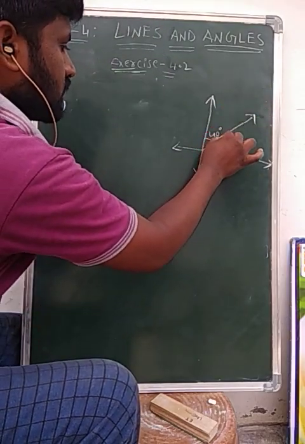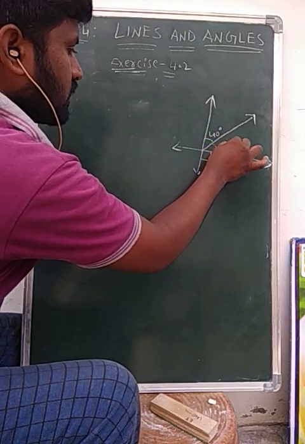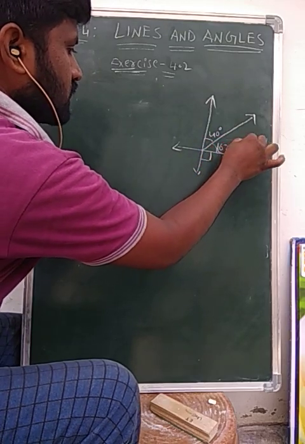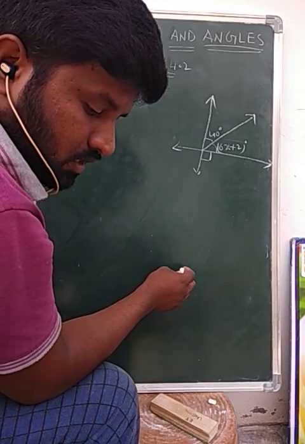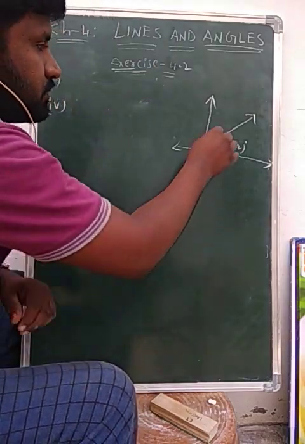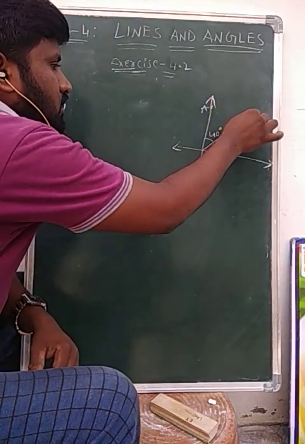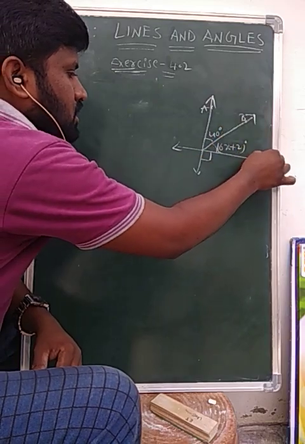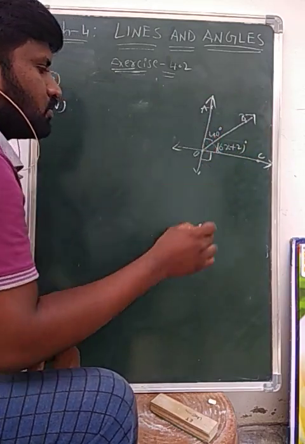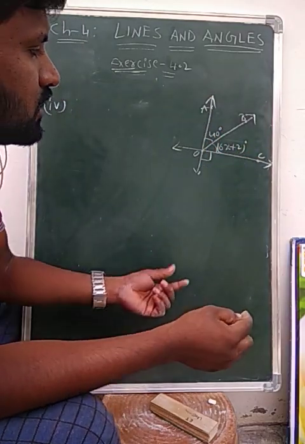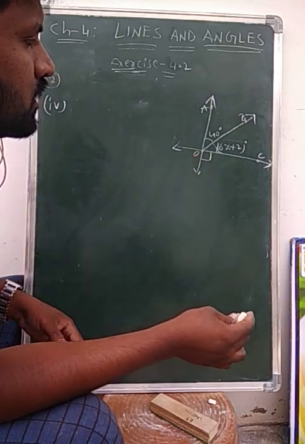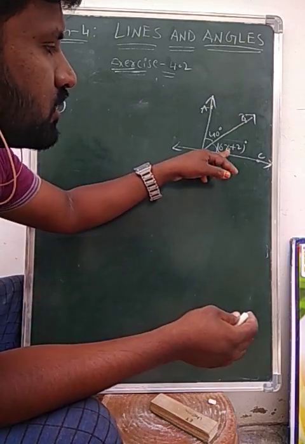We are given 40 degrees. We are given 6x plus 2 degrees. A, B, C. This is O. Okay, students, so this is the given figure. Now we need to find the value of x.